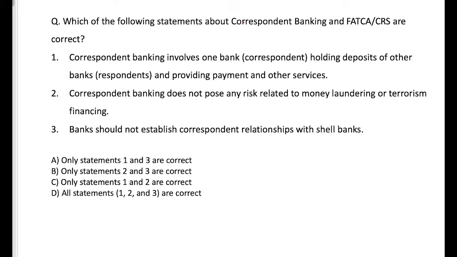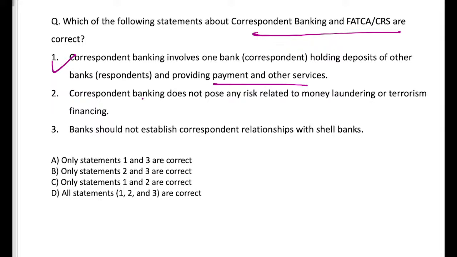which of the following statements about correspondent banking and FATCA and CRS are correct? Correspondent bank is basically the relation of an Indian bank with other banks or vice versa in terms of nostro, vostro and loro accounts and all. So first statement, correspondent banking involves one bank holding deposits with other banks and providing payment and other services.